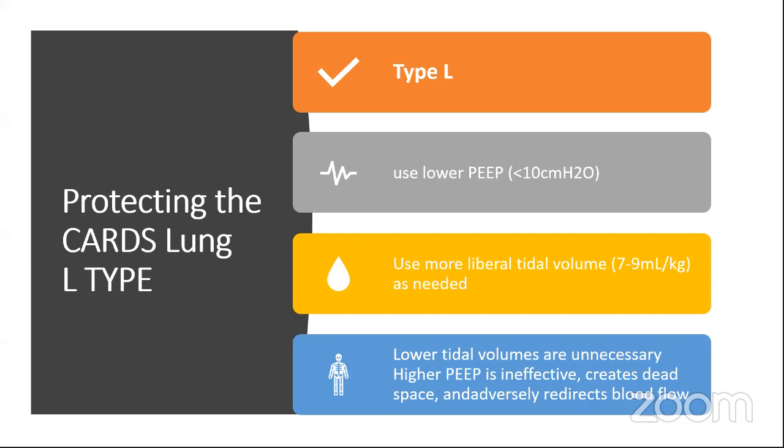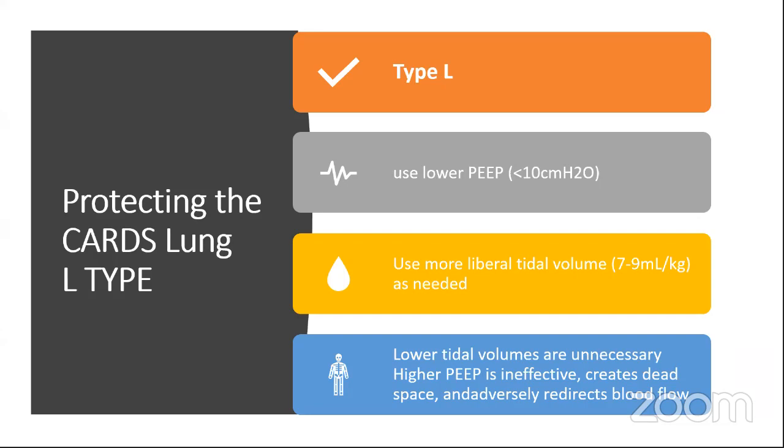Remember again that this ARDS patient is different from regular ARDS of other causes. We have two types. We mentioned the L type. If we remember, it means the lung of this patient has very good compliance. So if the patient has good compliance, there are no more alveoli that will benefit from a recruitment maneuver.